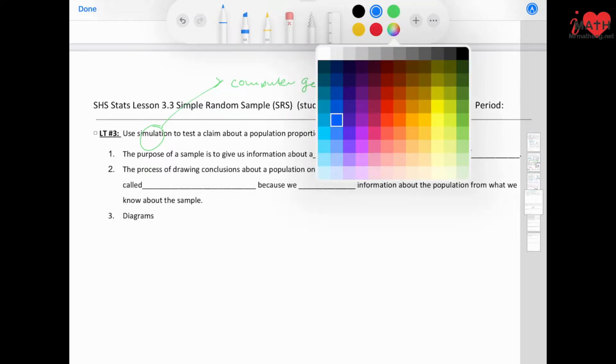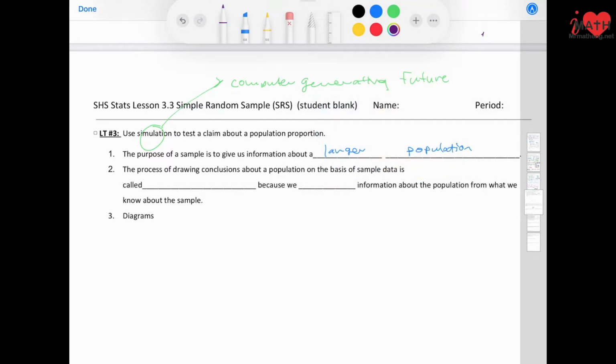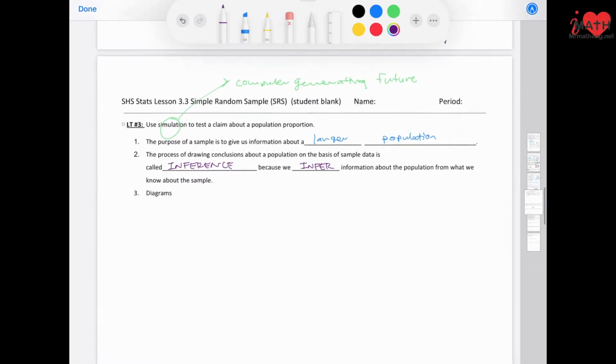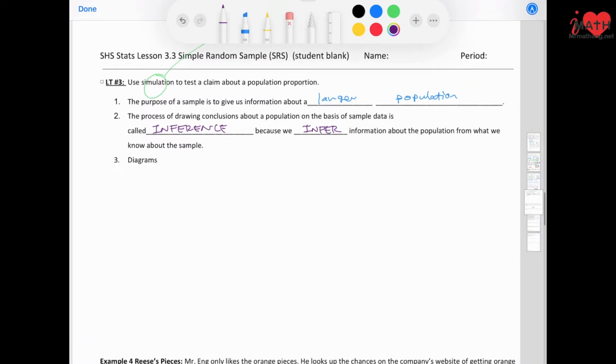Trying to paint us a picture of the whole population. Okay. The process of drawing conclusions about a population on the basis of sample data is called inference. Inference. Because we infer, or it tells us information about the population from what we know about the sample.